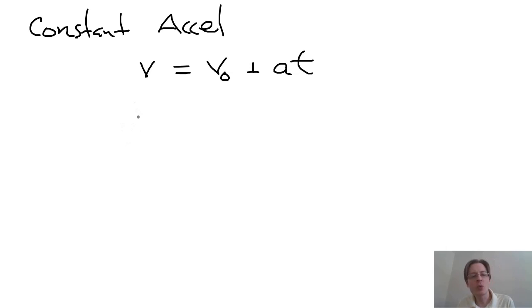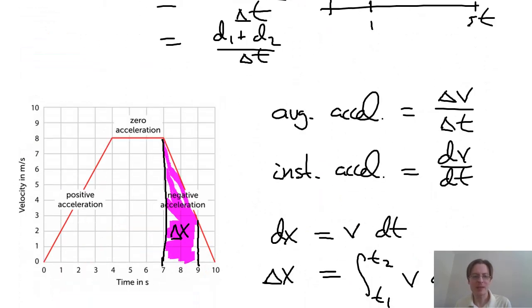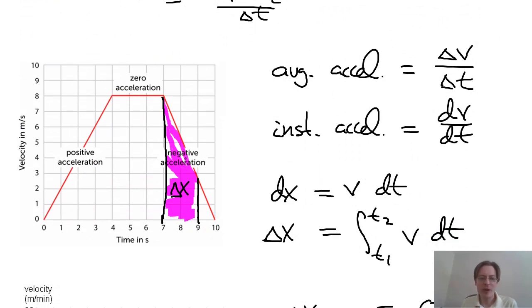Now, if you want to know displacement instead, then we have to use our brain a little bit. If I want to know how far something moves, delta x, then we have to do the integral of the velocity from, say, 0 seconds to some time t. And we did this with velocity graphs way back. Given the velocity graph, we can find the delta x by doing the integral, which is just the area under the curve.